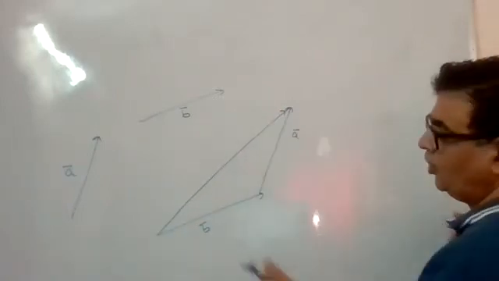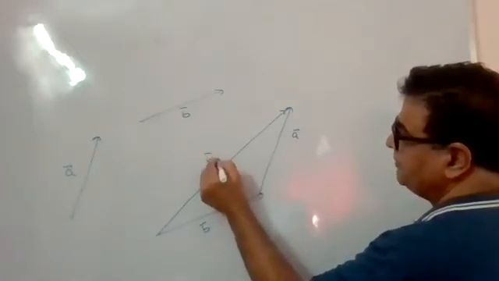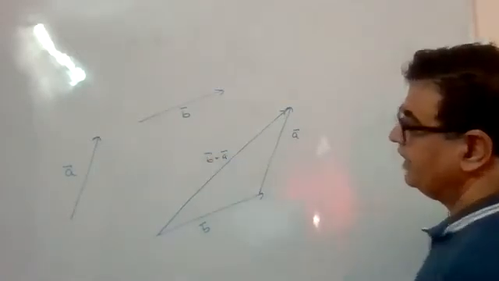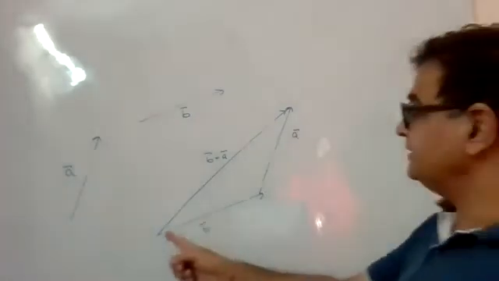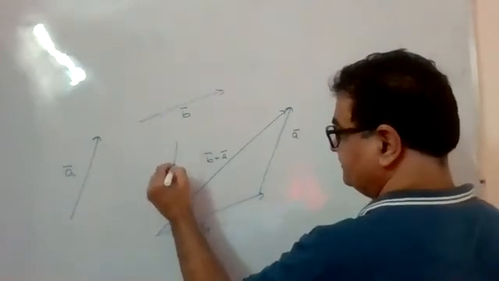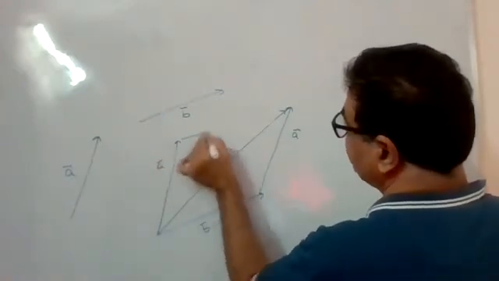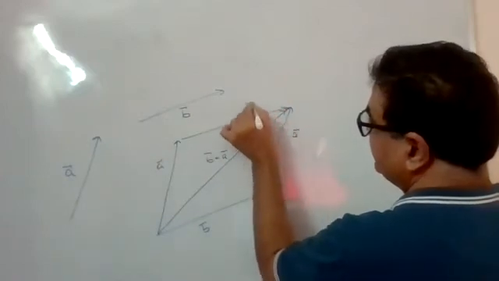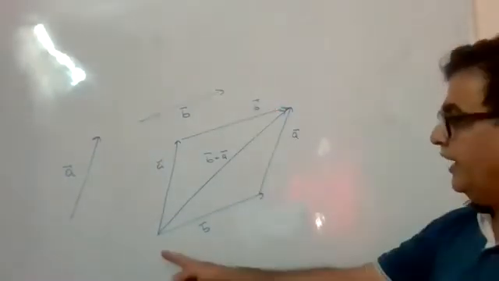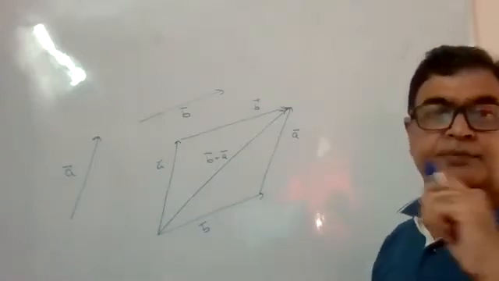Then this will be called the B vector plus A vector, so it will come as B plus A. And keep in mind, B plus A is this, and if you do A plus B, it will also come out the same. So either you add A plus B vector or you take B plus A vector, they will come out the same.